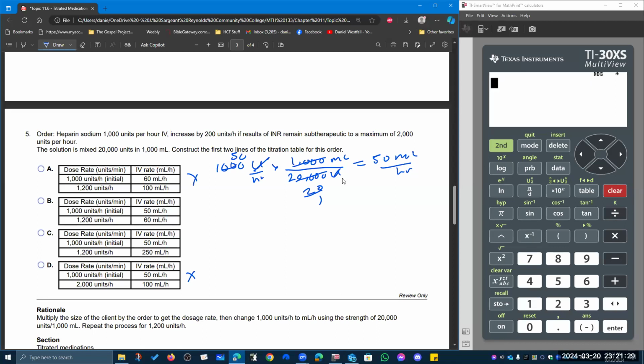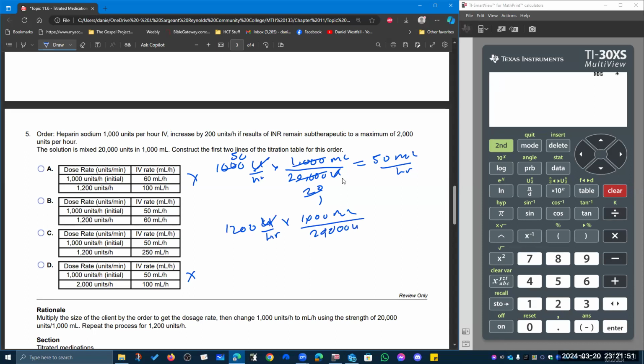And then in the next step, I have 1,200 units per hour times 1,000 milliliters over 20,000 units.